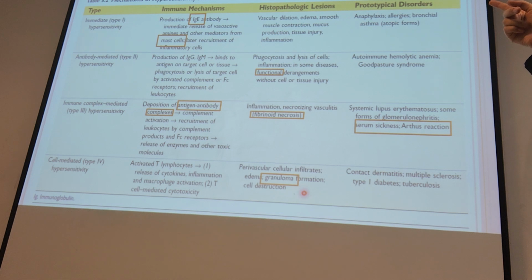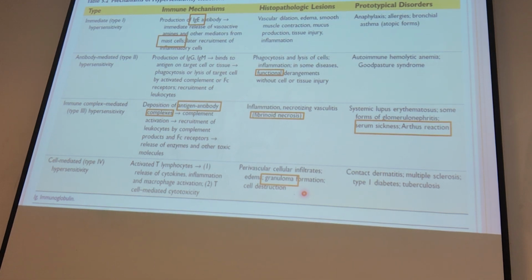In type 2, we have antigen on the surface of the cell, in its main site. It is not circulating, okay? So the antibody goes to the place and attaches to the antigen on the surface of the cell.